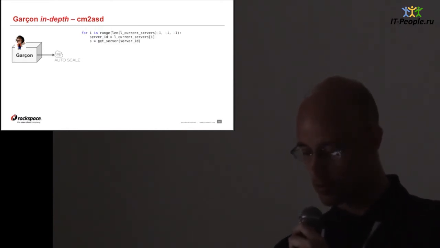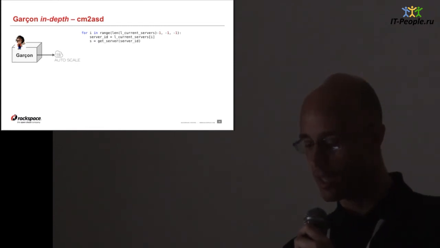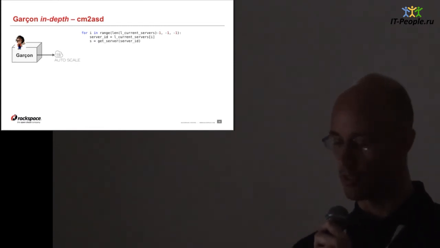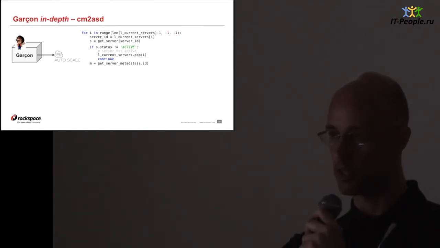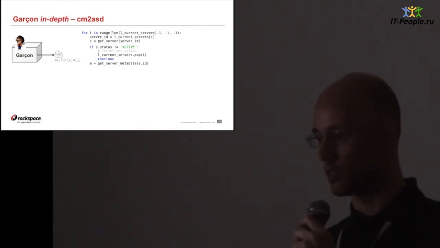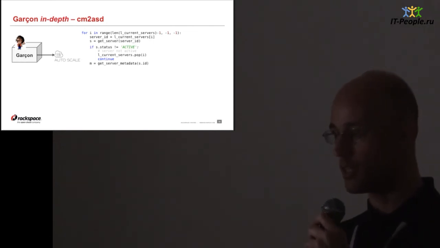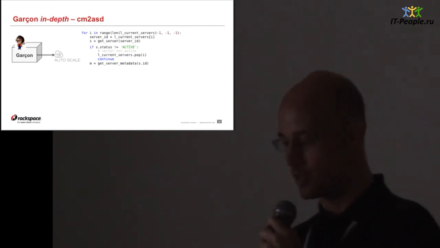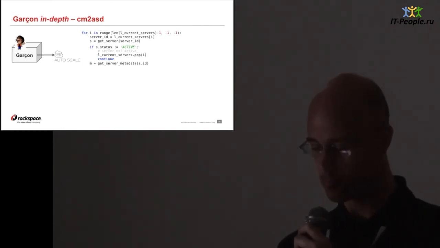At this point, you need to iterate over that list of current servers, and for every single server, you need to do something. So the very first thing to do is ask, is that server active or not? Maybe it was just spun up and is being provisioned right now. So it's in a build process, it's building. So we're not able to manage that server yet.